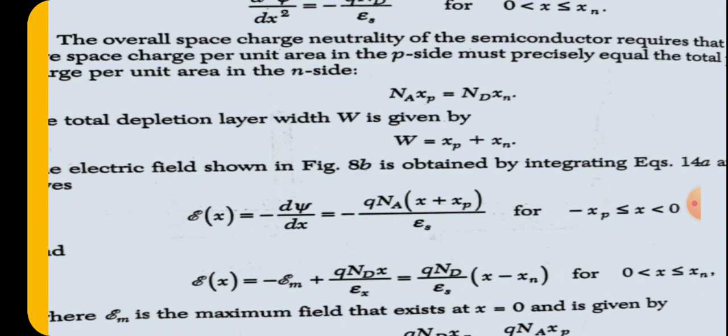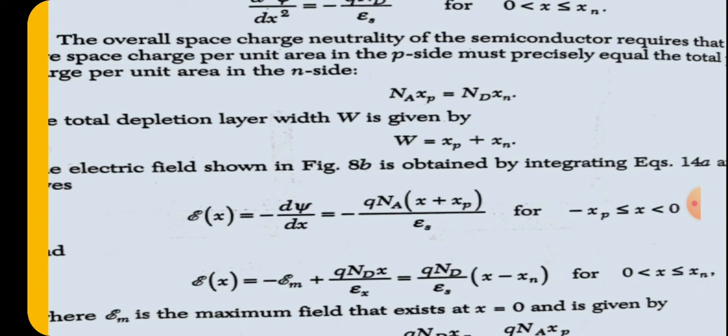For the electric field E(x), this is equal to minus Em plus q ND x by epsilon s, which equals q ND by epsilon s times (x minus xn). This is for x lying between 0 and xn, where Em is the maximum field that exists at x equal to 0.